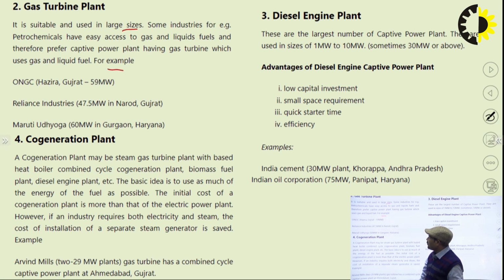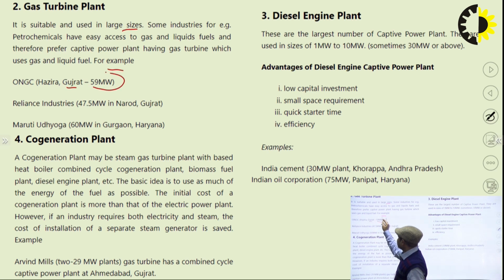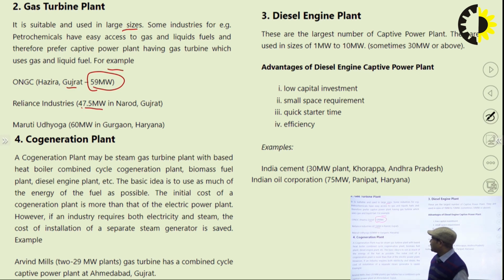For example, ONGC in Hazira, Gujarat, has a 59 megawatt captive power plant. Reliance Industries has 47.5 megawatt in Naroda, Gujarat. Maruti Udyog has 60 megawatt in Gurgaon, Haryana. So they are based on gas turbine technology.